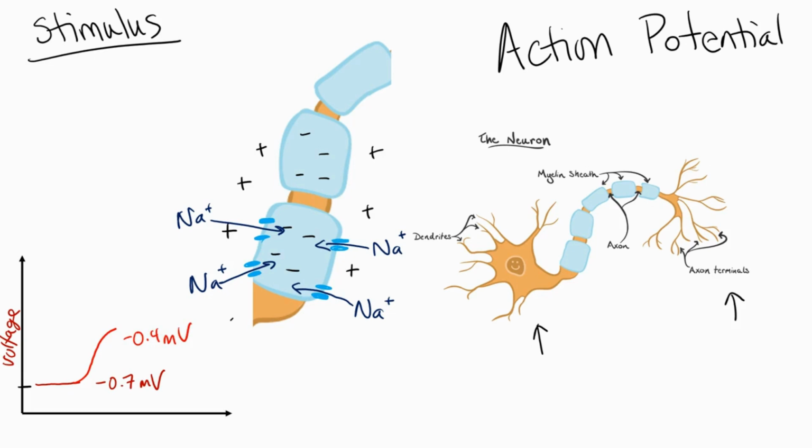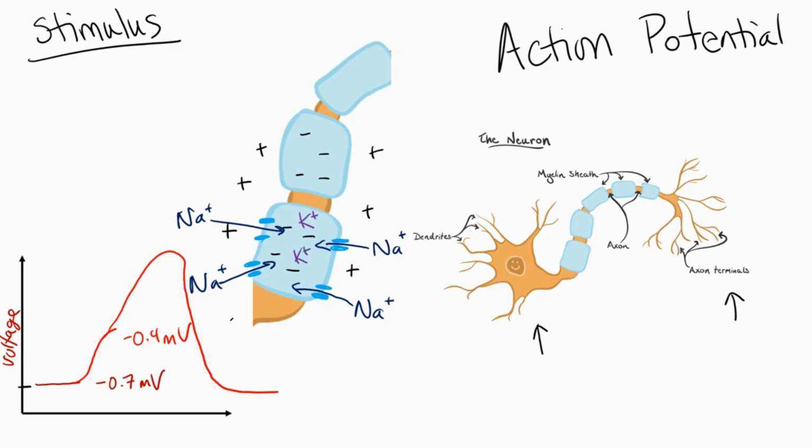And as we have more sodium ions coming in, we end up going through this peak where it gets really positive. At a certain point, we have had so much sodium come in that the cell is like, whoa, that's not working. And there were these little potassium ions hanging out inside.